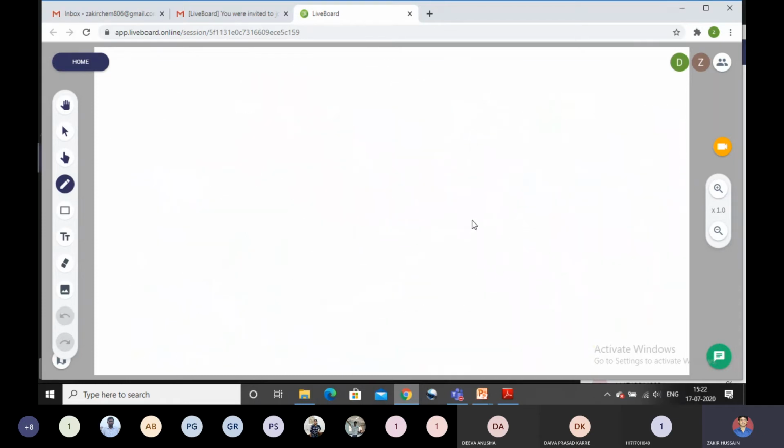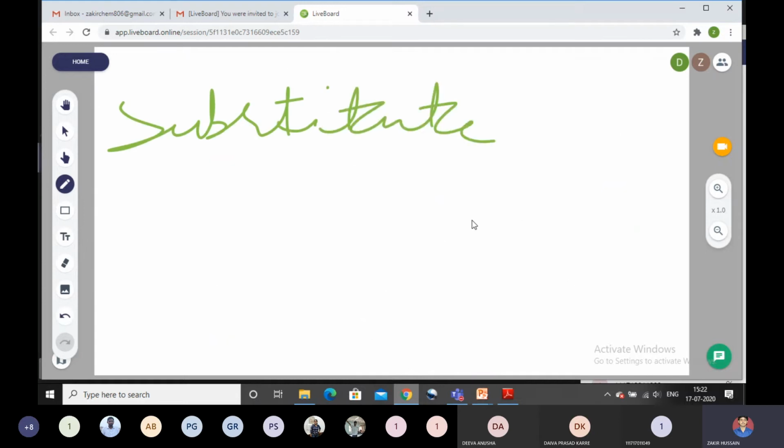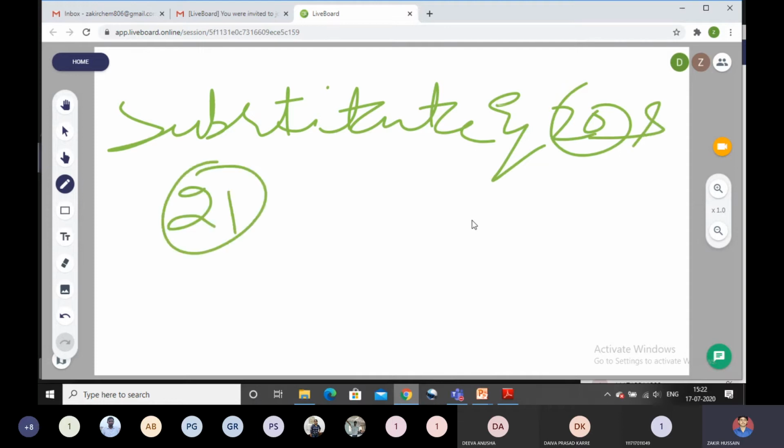Now we have to perform this operation: substitute equations 20 and 21 in the previous equation 11. Now after substituting this, what will happen? We'll see.